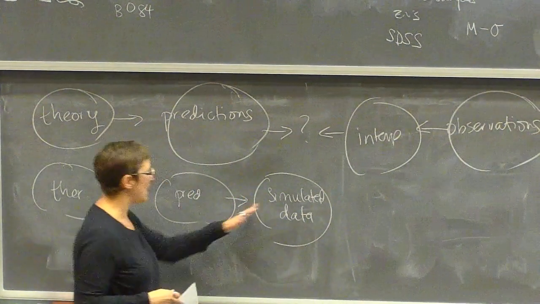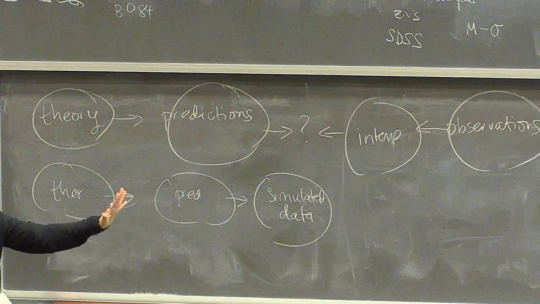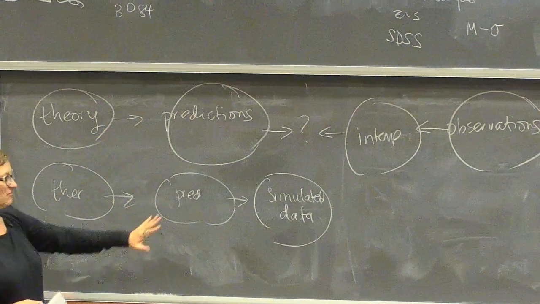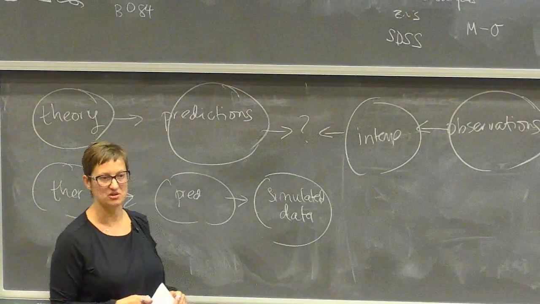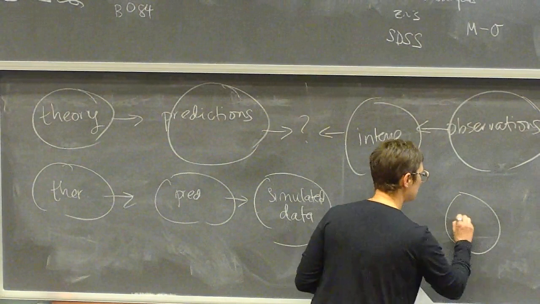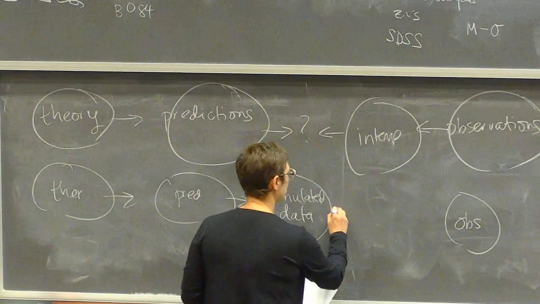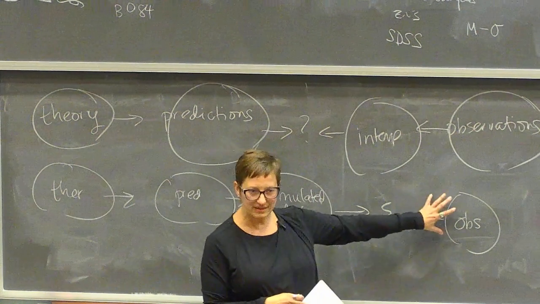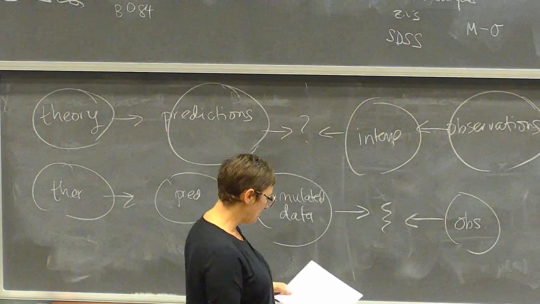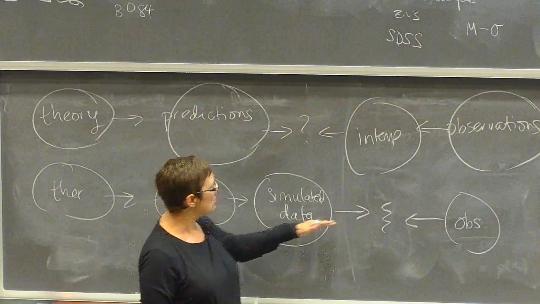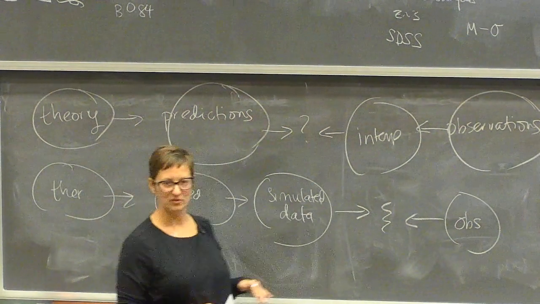I've done a lot of this work myself to try to make realistic models that go as close to the data as we can. We've used these quite a bit in cosmological inference. And the observations, you're still going to meet somewhere in the middle. You're not going to go directly to the observations. Maybe you can go a little bit closer, right?